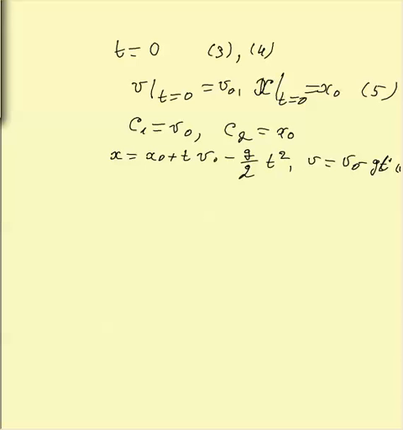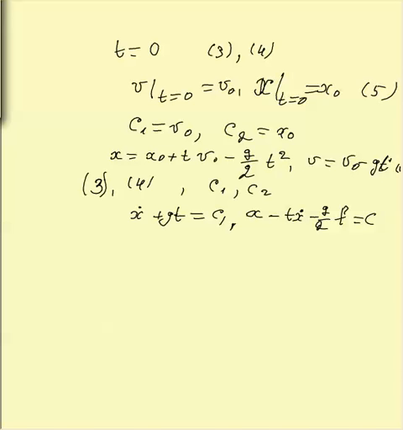We solve equations 3 and 4 with respect to the constants c1 and c2 and obtain the following equations: x dot plus gt equals C1, and x minus t x dot minus g over 2 t square equals C2. Equation 7.